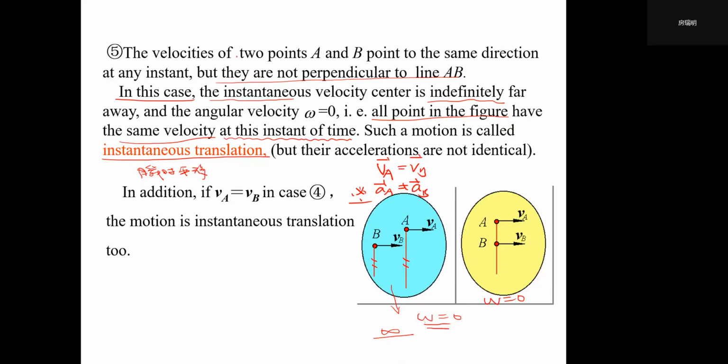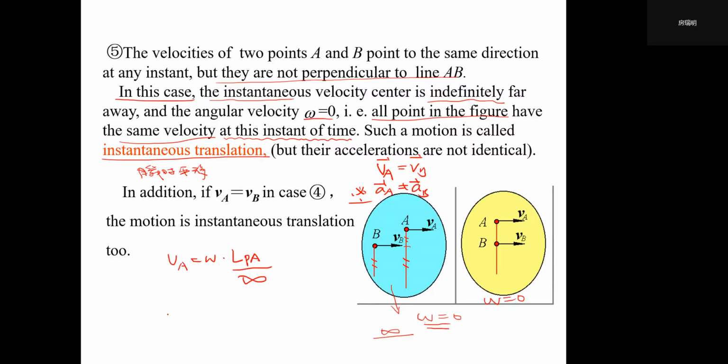So in this case, the instantaneous velocity center is indefinitely far away, right? If far enough, then the distance between A and B has almost zero influence on the position of the instantaneous velocity center. So we will see its angular velocity omega equals 0. Why equals 0? Because VA equals omega times LPA, but this LPA is indefinitely big, right?